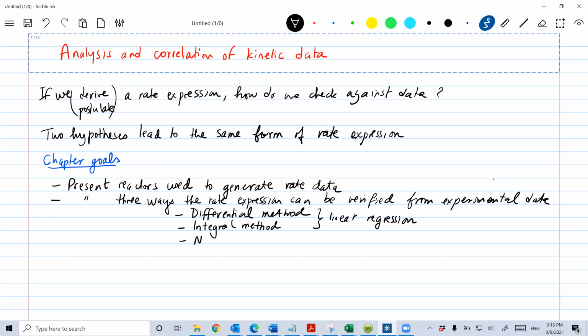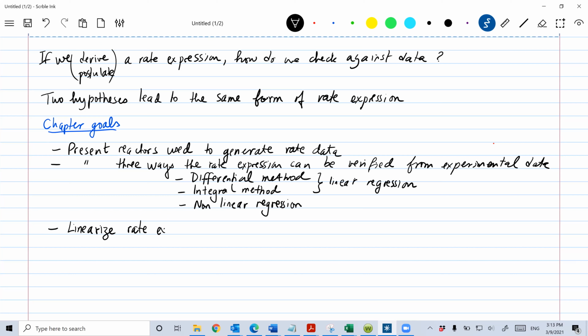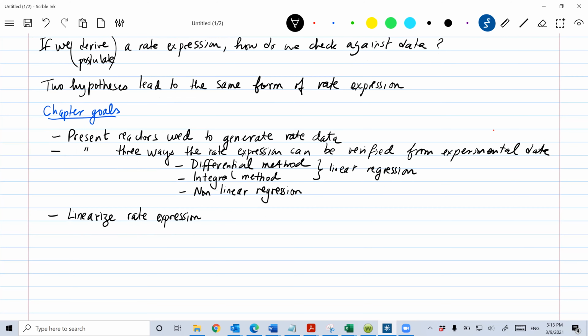And you also have nonlinear regression, which applies for both methods, both differential and integral. For this reason, we will learn how to linearize rate expressions, so as to be able to plot them. One way you could plot them is to linearize them, so you can do linear regression.